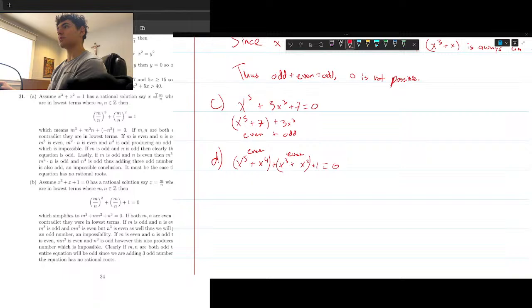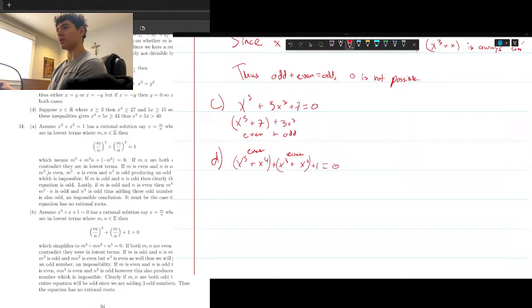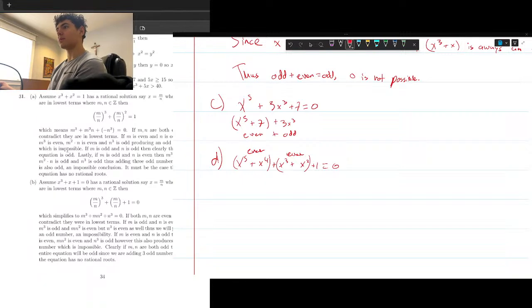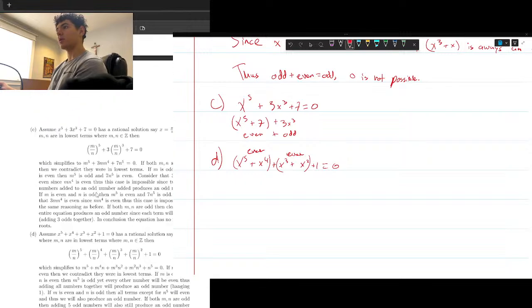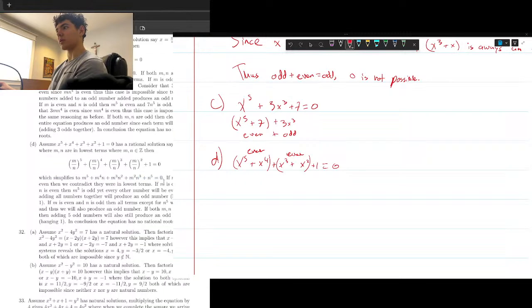If m is even and n is odd, then m cubed is even, and m squared n is even, and n cubed is odd, producing an odd number, which is impossible. If m is odd and n is even, m cubed is odd, and adding these odd numbers together is also odd, an impossible conclusion. So the equation must have no rational roots. Both m and n are even, so they contradict that they were in lowest terms. So again, it's mostly just contradictions.